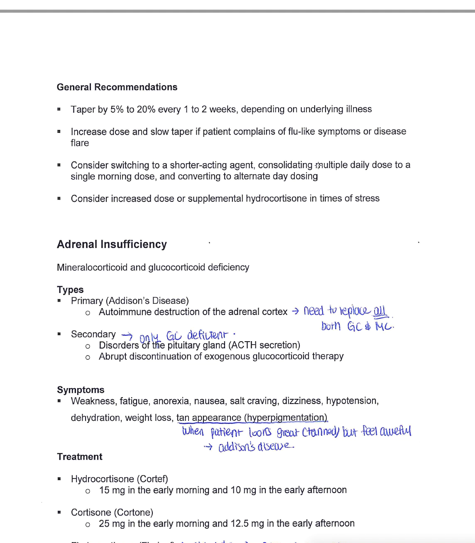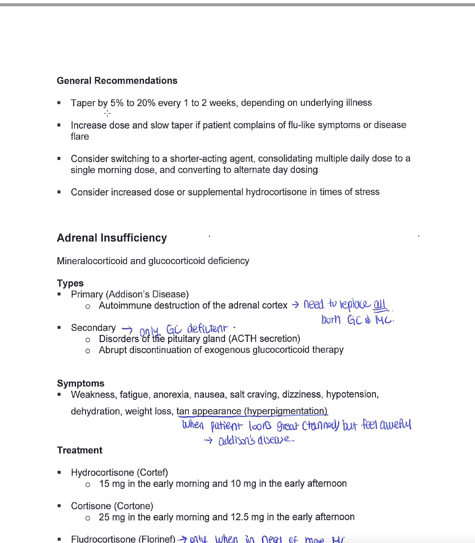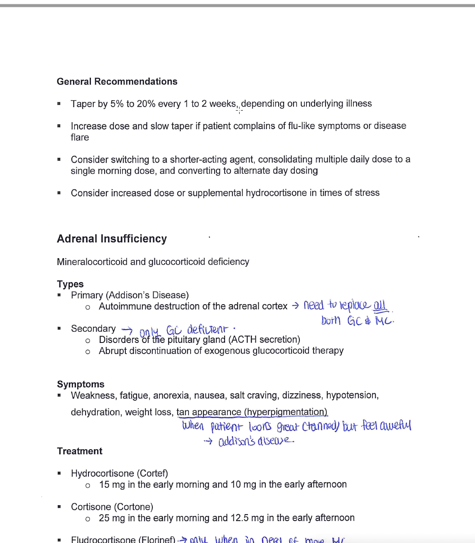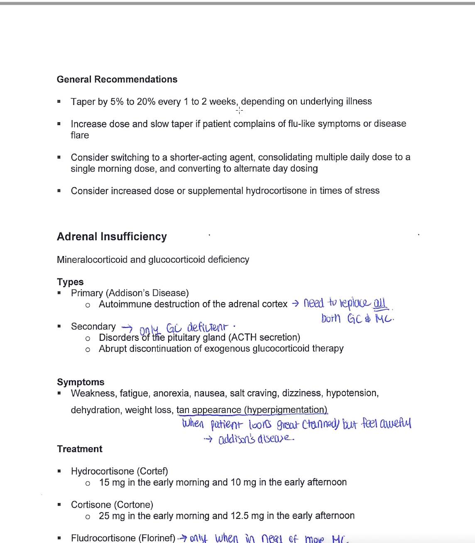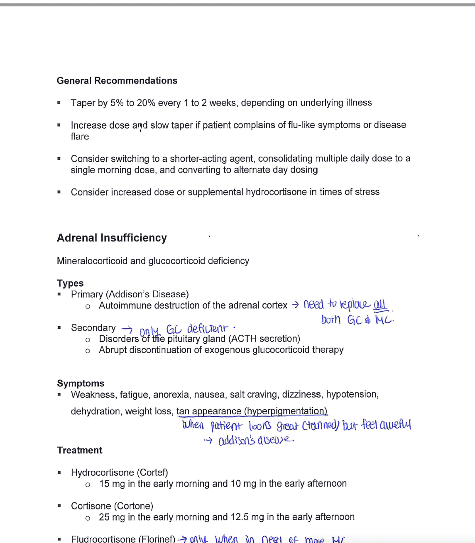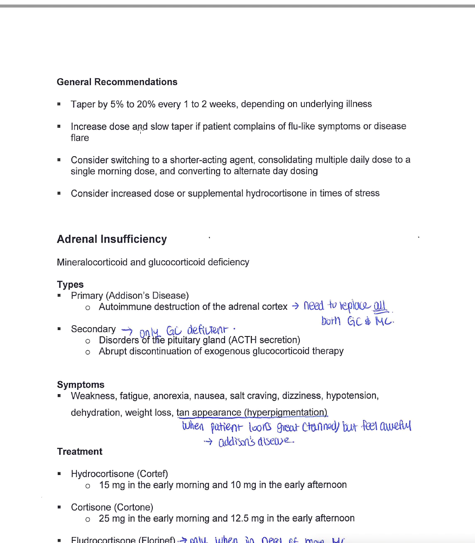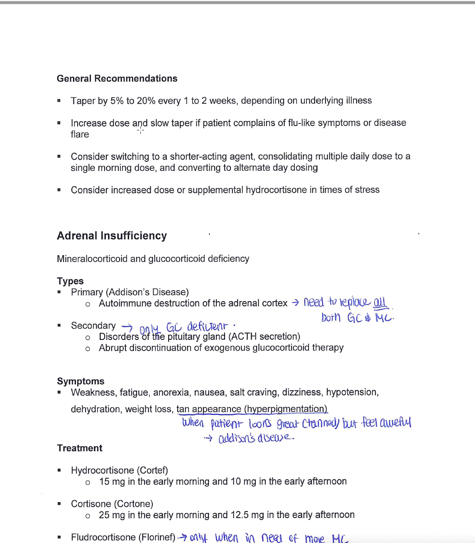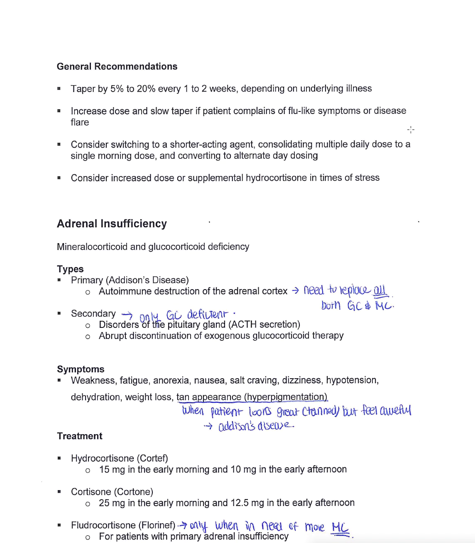So general recommendations for corticosteroid tapering: taper slowly. There is no one set rule. It really all depends on how the patient responds and on their underlying illness and other comorbidities. You may need to increase the dose and slow down the taper if the patient has any flu-like symptoms or disease flare. Flu-like symptoms will be withdrawal symptoms, and disease flare is if your concern is disease flare.